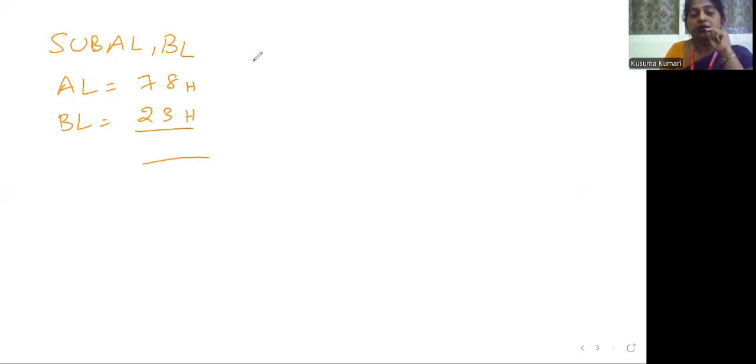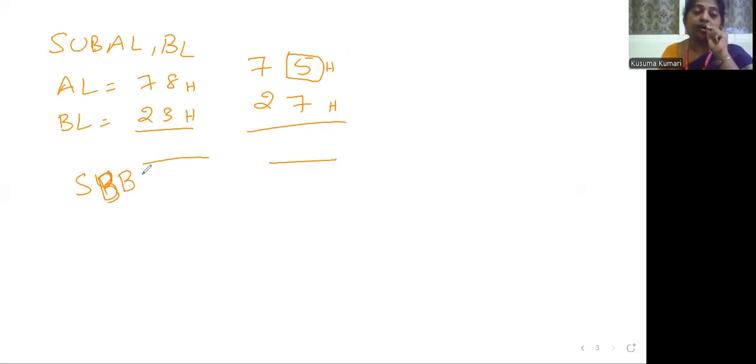But with 75 hexa and, for example, 27 hexa, a borrow situation is generated. At this moment we have to go for the subtraction with the borrow.